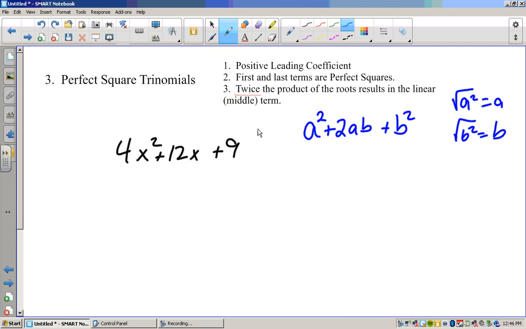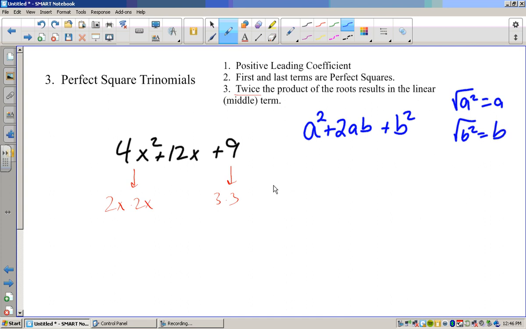I want to show you that this works first. If I look at 4x squared, the square root of 4x squared is 2x. And we can even break it down to this, 2x times 2x. 9 is a perfect square. It's positive 9. That's 3 and 3.